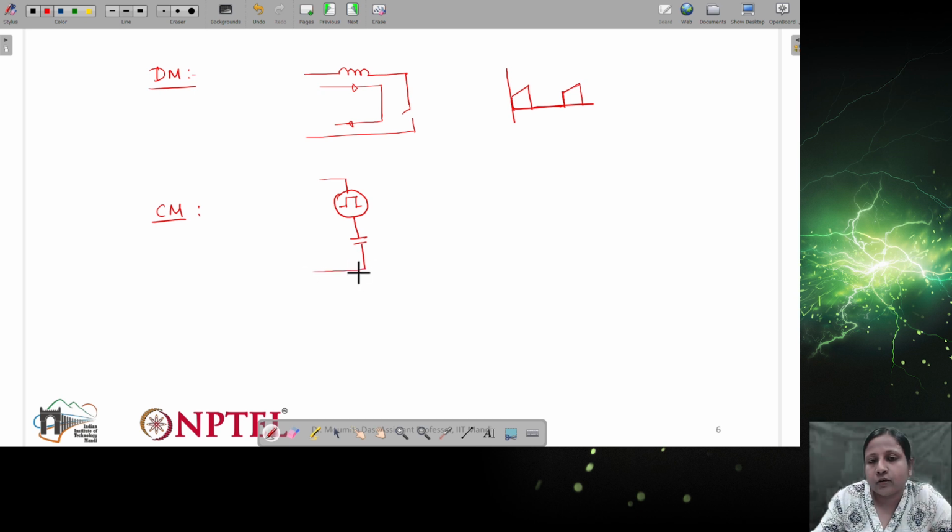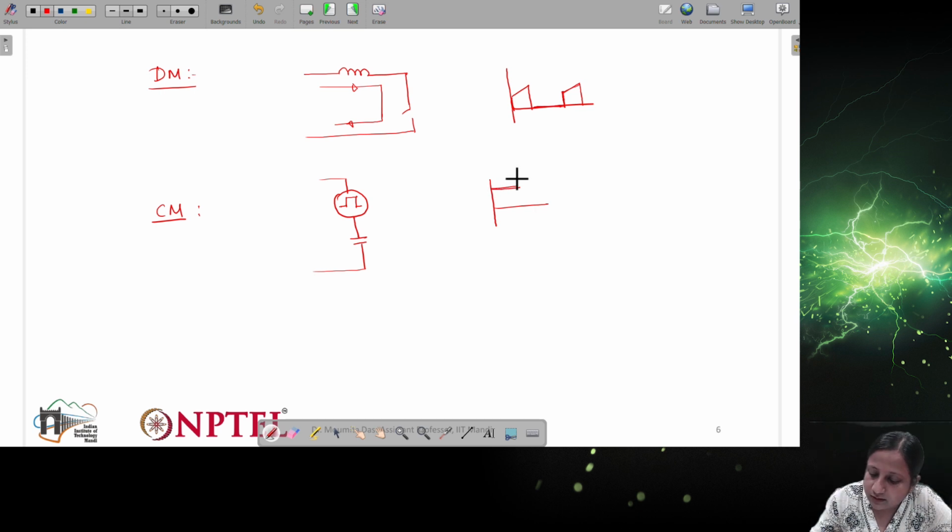So we will get a flat topped kind of signal in this CM noise, and that we need to measure for the particular converter, right? So here we mostly get a trapezoidal signal, and here we mostly get a flat topped signal with respect to its switching.